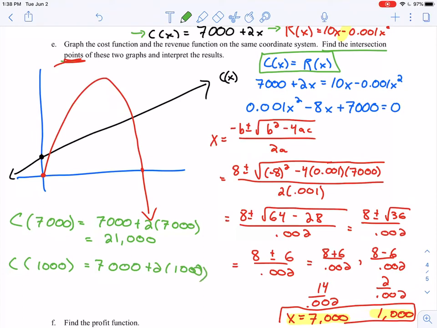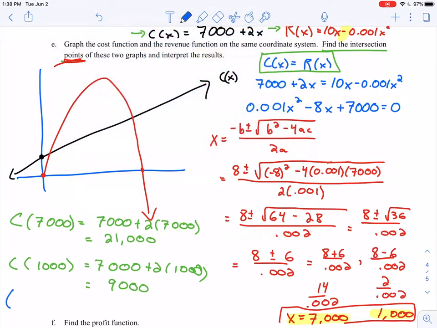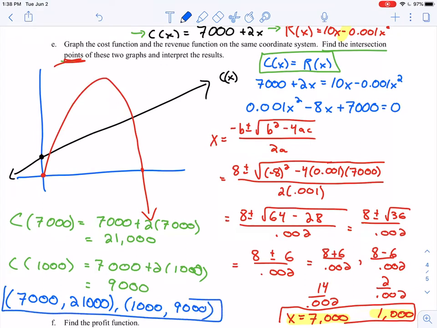And this is equal to 9,000. So I have my intersection points. I have 7,000, 21,000, and I have 1,000, 9,000. Okay, so I've got my intersection points. That's the most involved part of this problem.